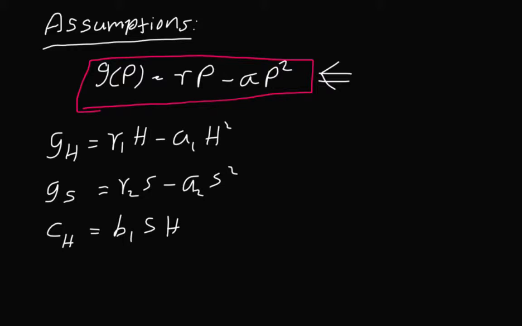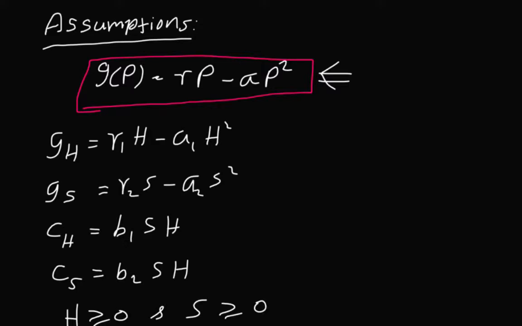Similarly, CS can be written as B2 SH. So B1, B2 are also positive reals. But it is very clear that H is greater than or equal to 0 and S is greater than or equal to 0 for our assumptions.